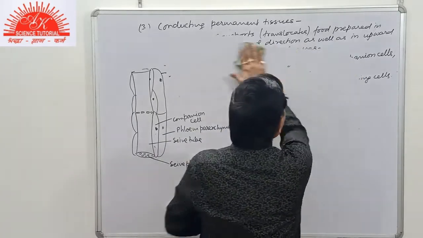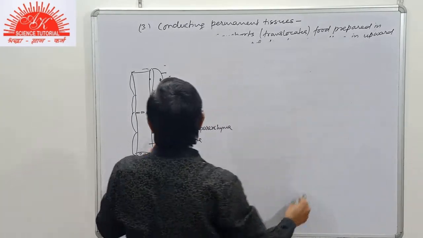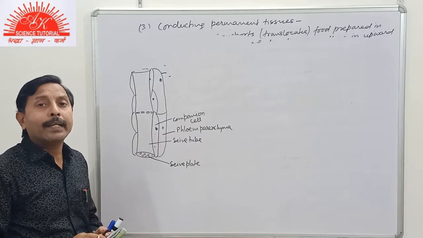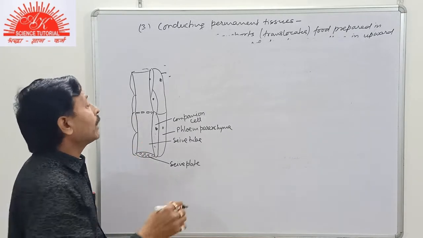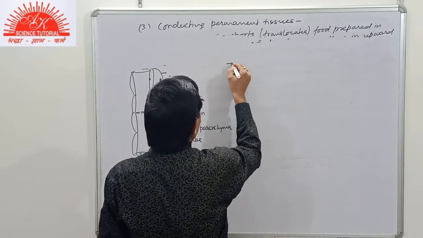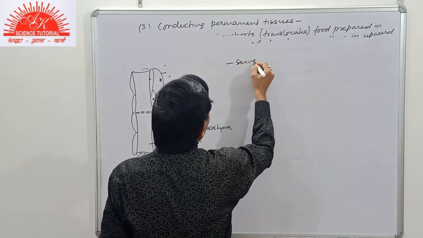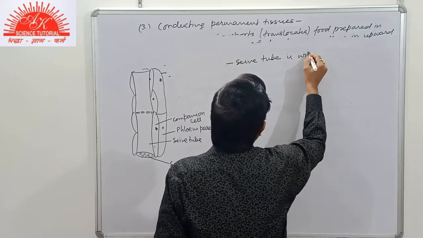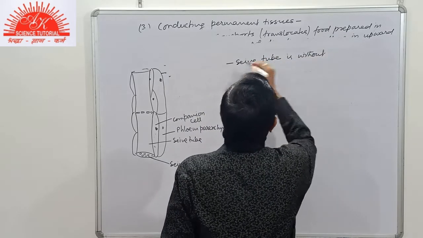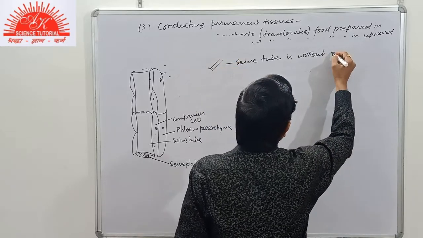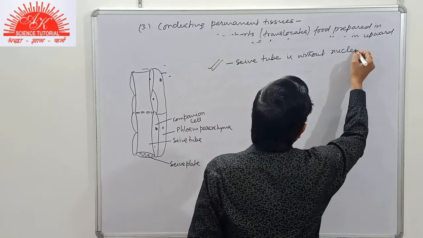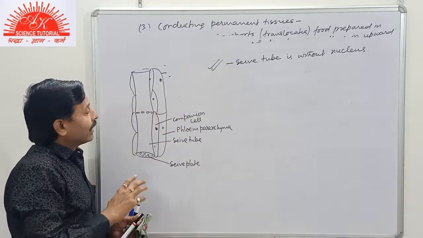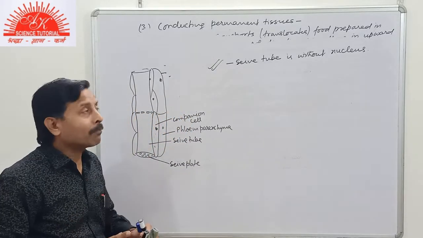So actually this is the sieve tube, and again here a question is asked: in plant cells, sieve tube does not contain nucleus. Sieve tube is without nucleus. So this is an important question. In xylem there were dead cells, so there was no chance of living matter.